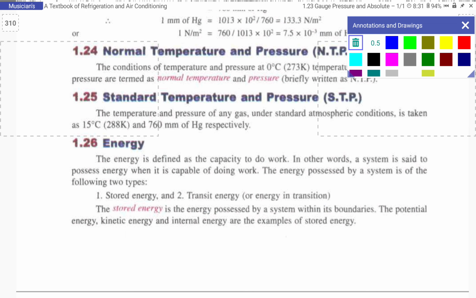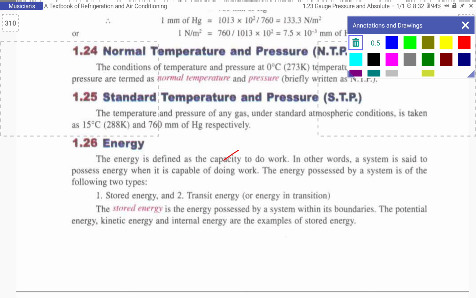So this is just a review. Energy is defined as the capacity to do work, right? So this is a very common definition of energy.